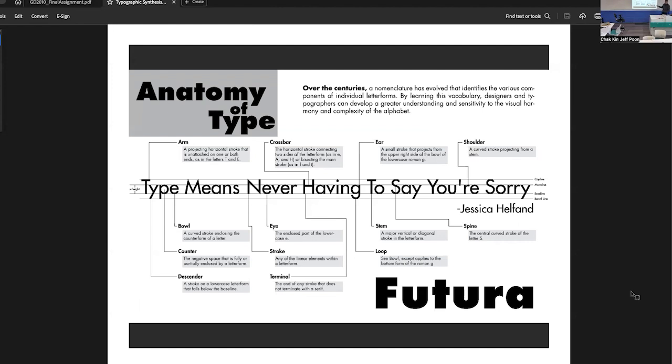Most likely it talks about the diagrams showing the different parts of this font, different parts of those types, and also some history or background about the anatomy of type. So at least you show the diagram, but you also want to let people know, hey, what is the anatomy of type? What's the definition of it? This shows the structure or skeleton of the type. So more or less you want to give people a briefing about what it is.